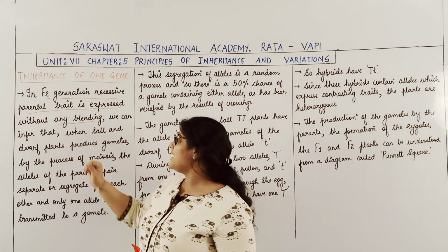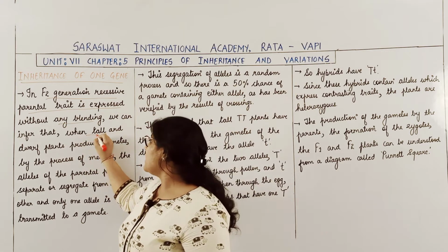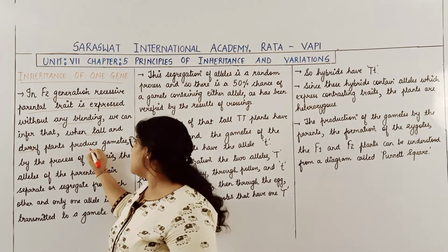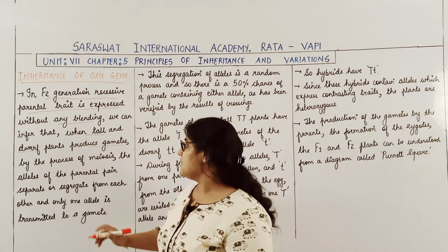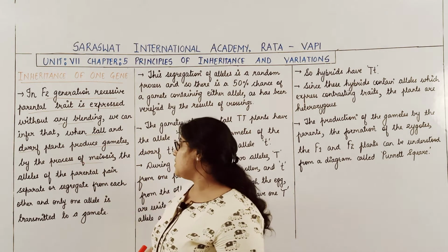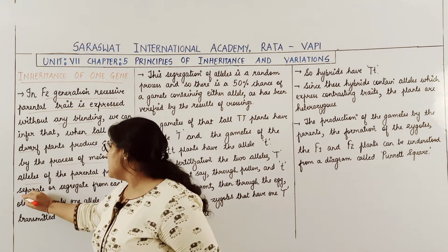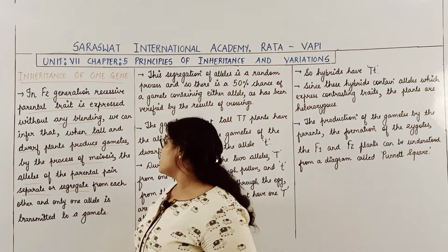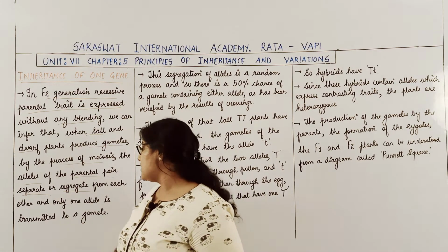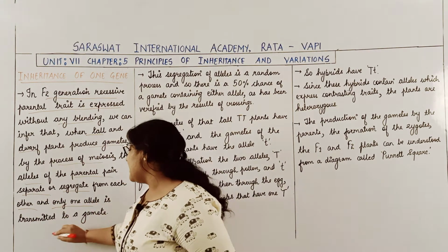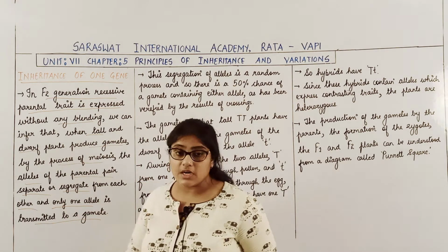From this we can infer that when the tall and dwarf plants produce gametes by the process of meiosis, the alleles of the parental pair separate or segregate from each other, and only one allele is transmitted to a gamete.